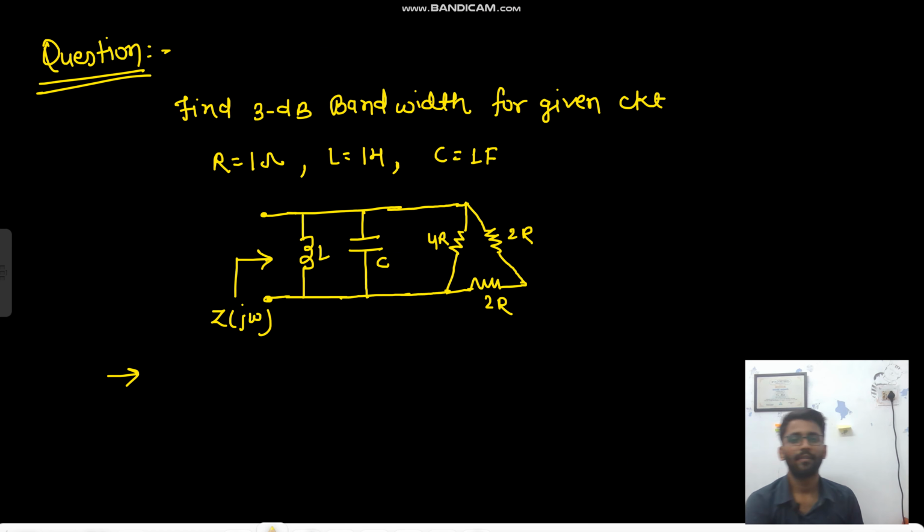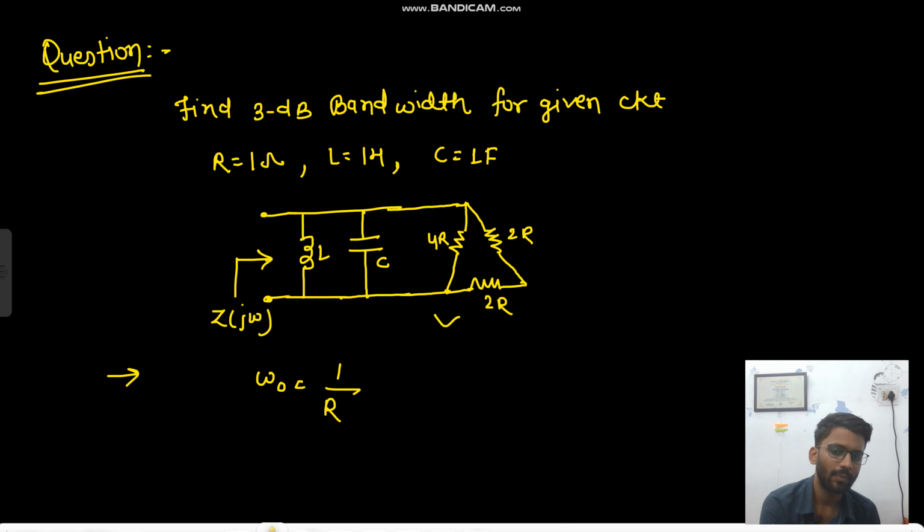Hello everyone, now we will see the examples. Here you need to find the 3 dB bandwidth for the given circuit. This is a parallel RLC circuit. The 3 dB bandwidth, we were representing it with omega naught, is equal to 1 by RC, but here the resistances are 2R, 2R, 4R, 4R, so the equivalent R is 2R.